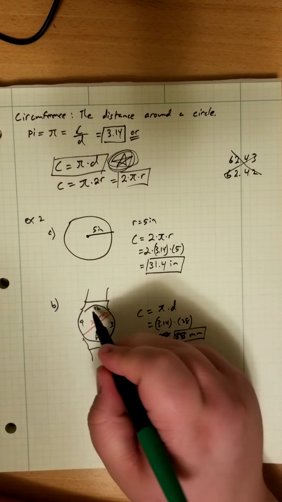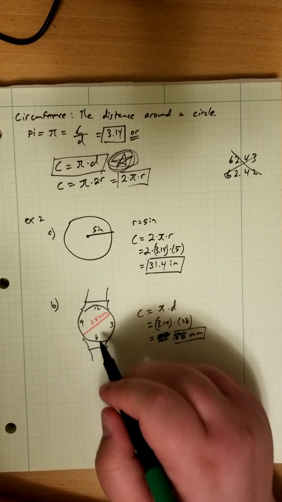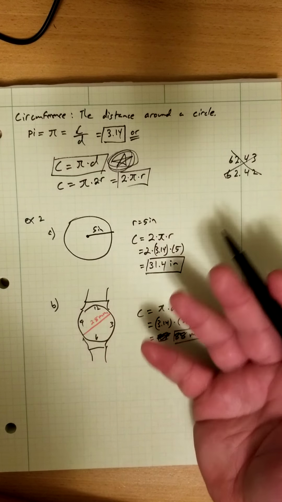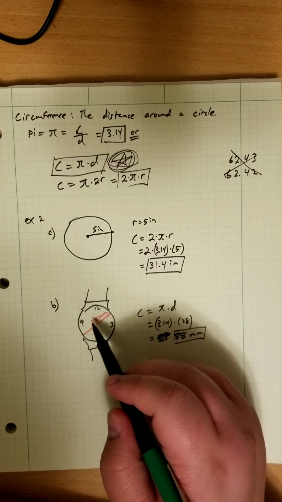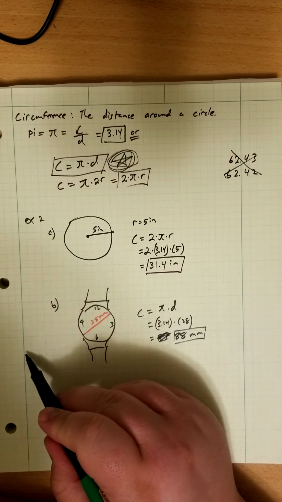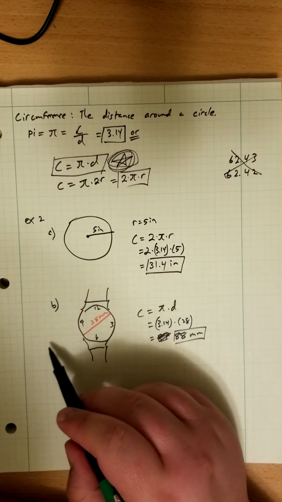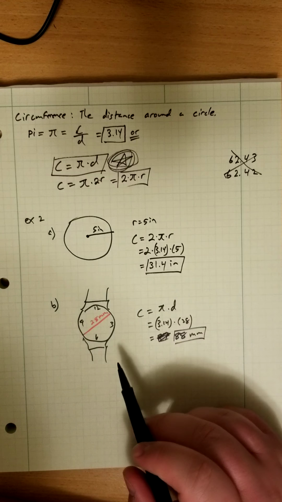So the circumference around this watch is 88 millimeters. So if you are a glass maker, you know that in order to fit a watch whose distance across is 28 millimeters, you would need an 88 millimeter cutout of glass.